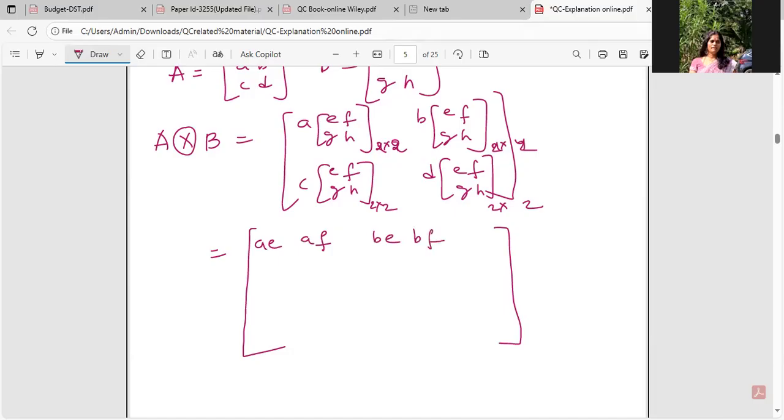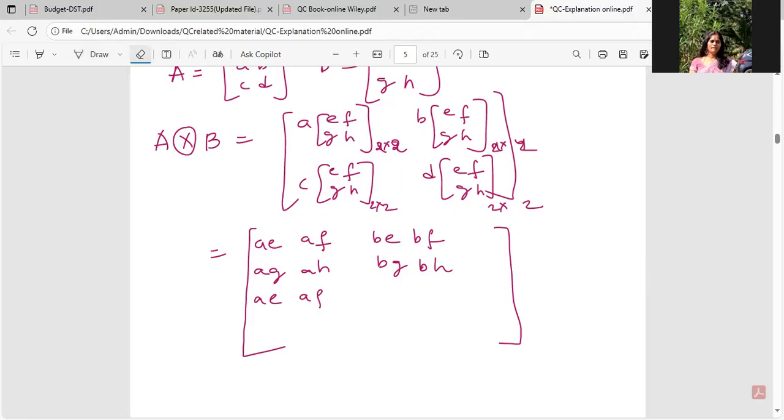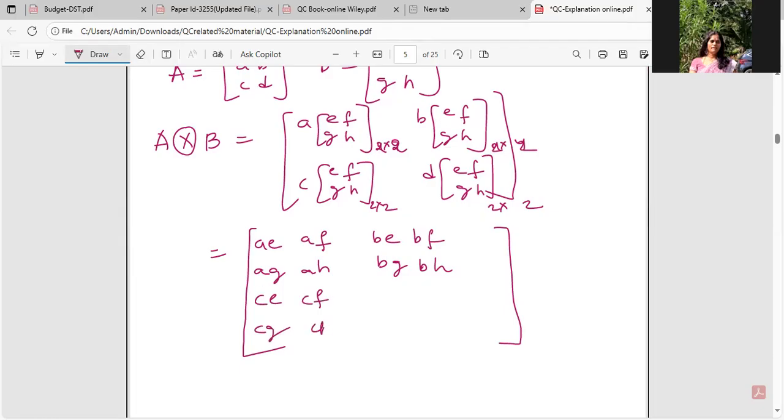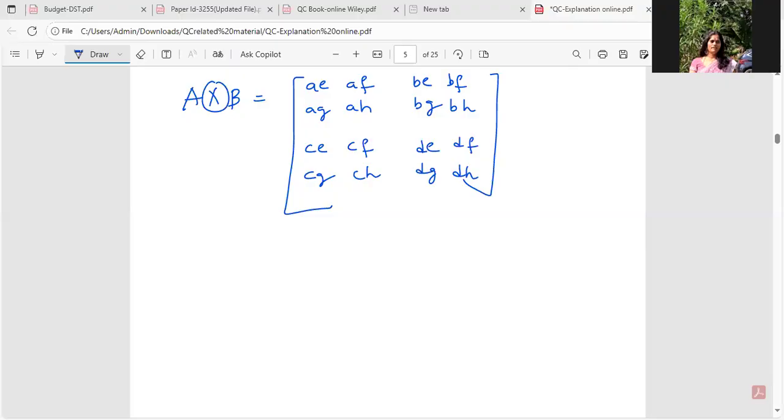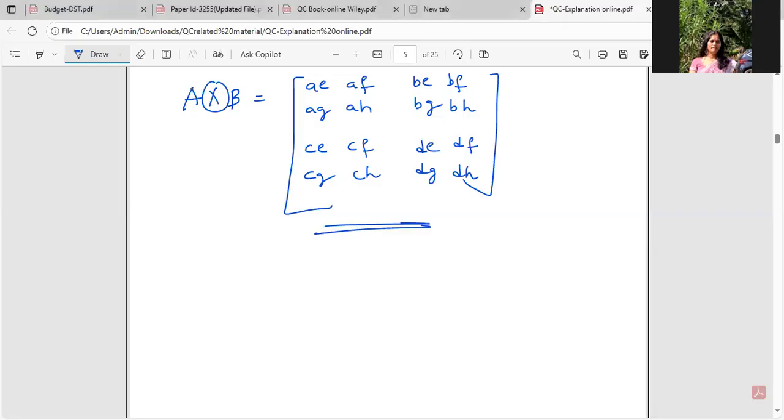Next, AG, AH, BG, BH. Then CE, CF, DE, DF, and CG, CH, DG, DH. So this is the resultant tensor product of two matrices A and B.